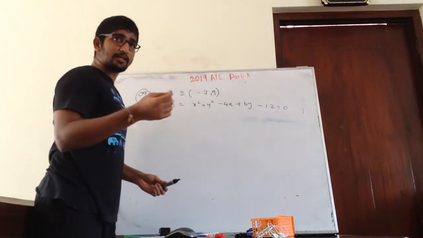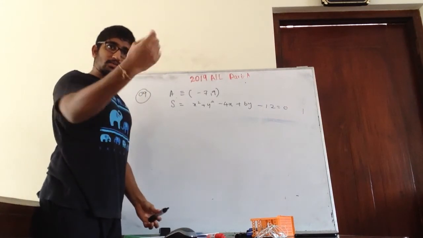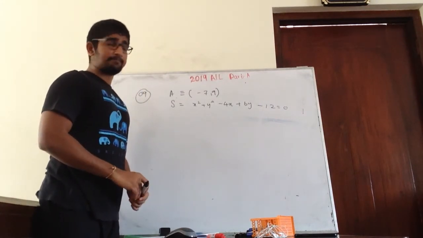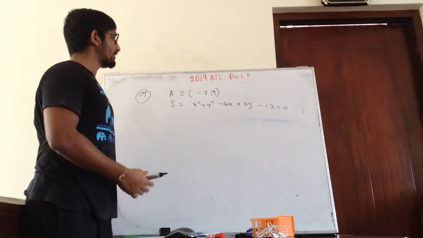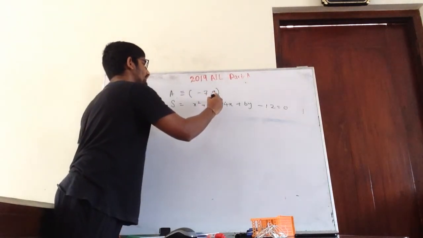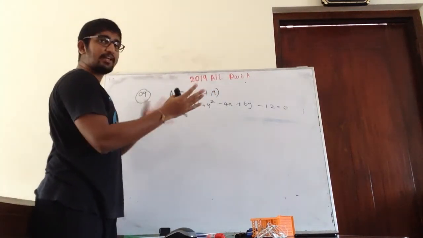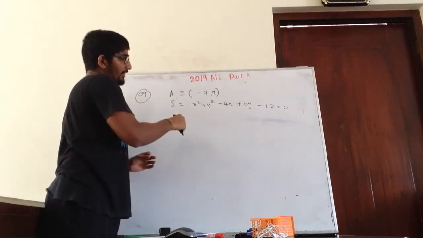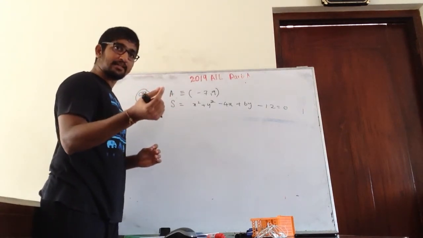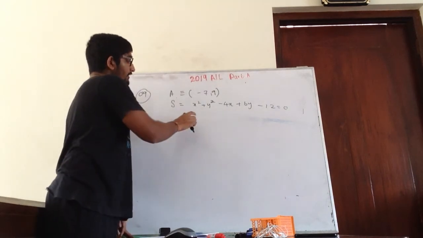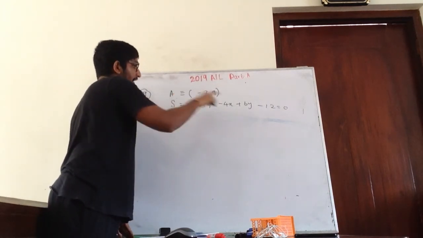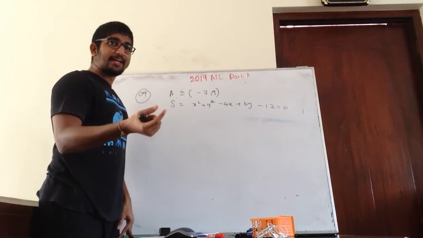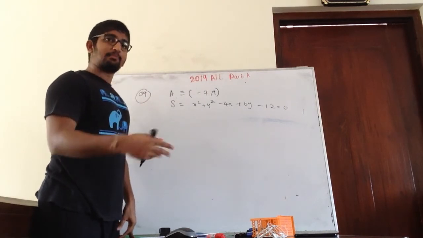Right, so we need to show that this lies outside. So what I am going to do here is take the radius of this, and then check the distance between the center and this A point. So if that is greater than the radius, that means it lies outside.